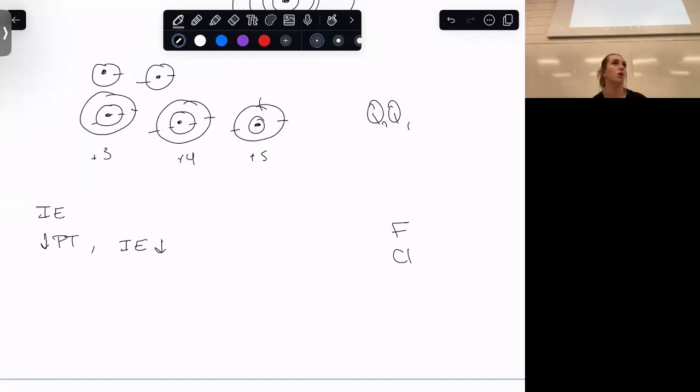These are going to have a really, really hard time removing those electrons. So as you go across the periodic table, ionization energy is going to go up generally. Right? Because now they're smaller, they're closer to the nucleus, they have more attraction on them, it's going to be harder to pull them off.